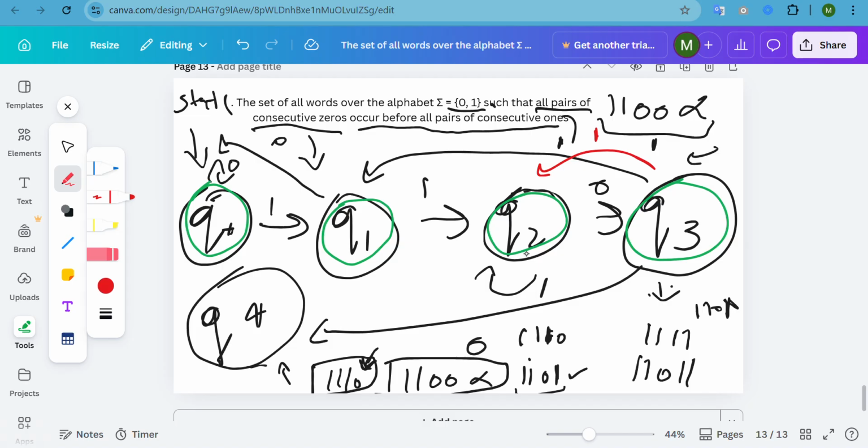Another interesting fact is that we try to keep the arrows not very far away from the accepting state. We try our best to keep it on the closest. But in this case, I'm just contemplating the difference between if I place this arrow here in this state instead of this state, what would be the difference?